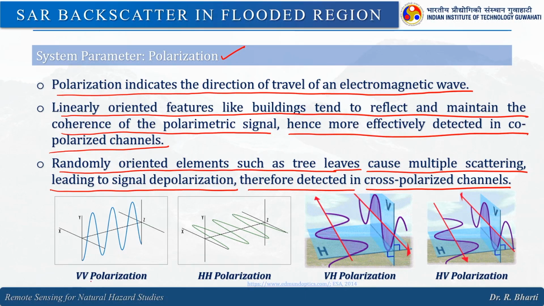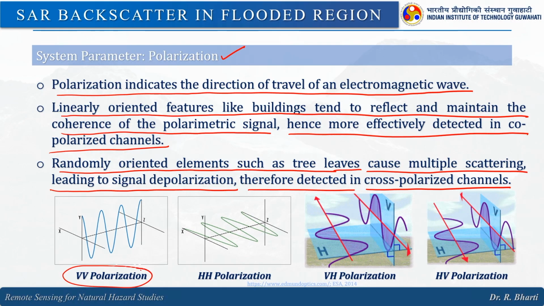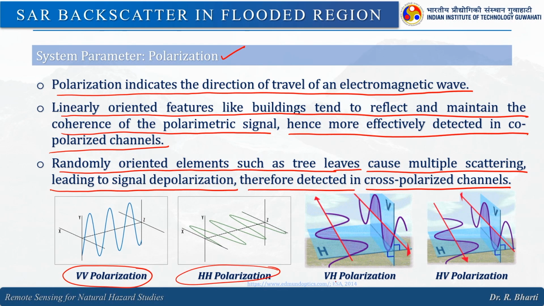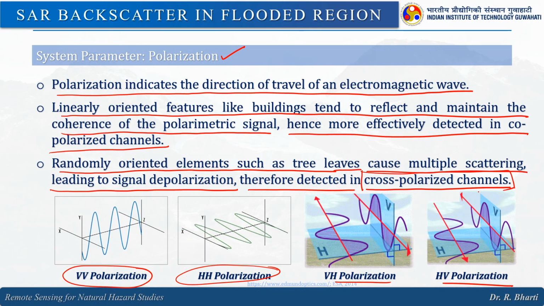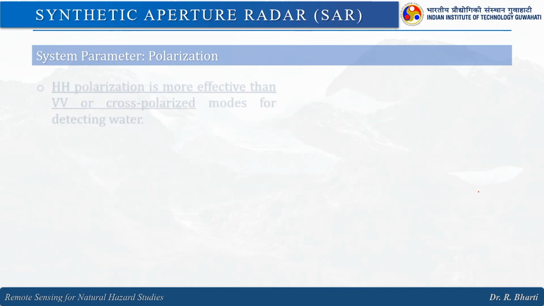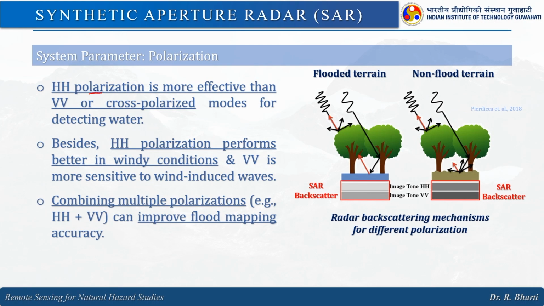Cross polarized, if you remember, are VH and HV. Then like polarized are HH and VV, right. So, here these two are like polarization and these two are cross polarization. So, cross polarization will be able to help you in flood studies. HH polarization is more effective than VV or cross polarized mode for detecting water, right.